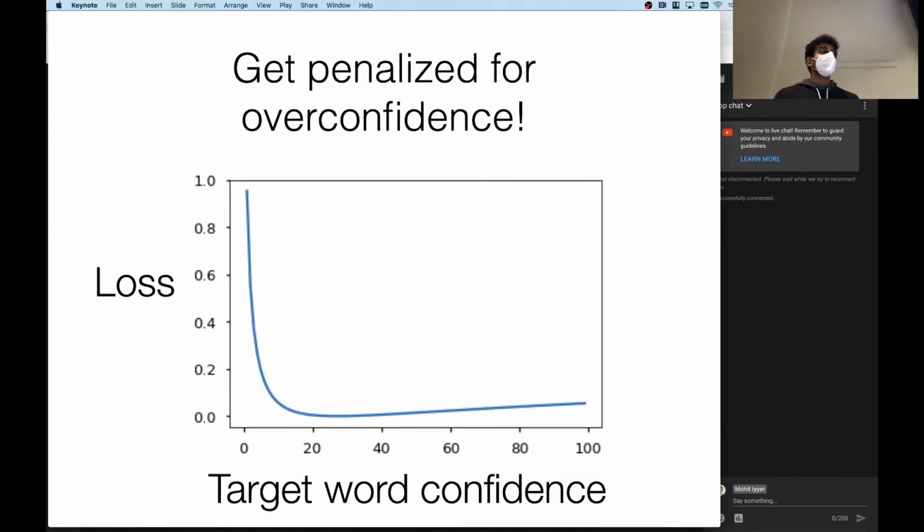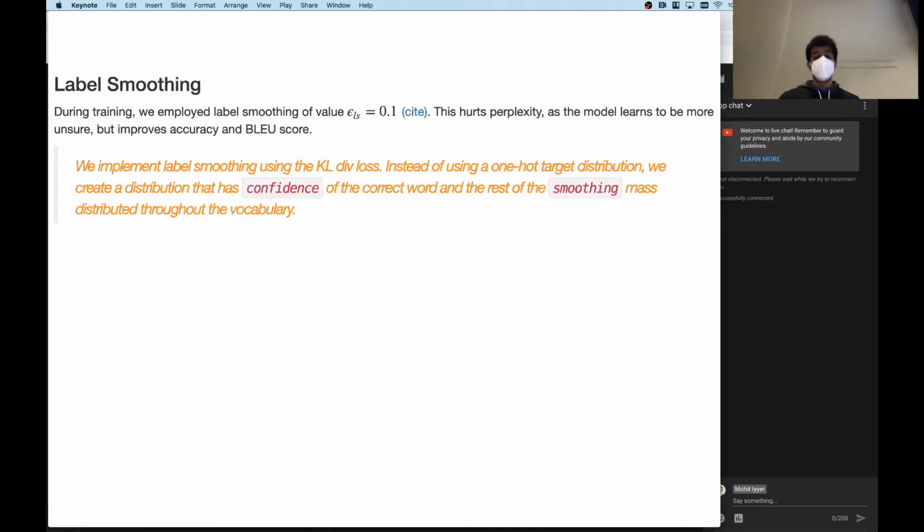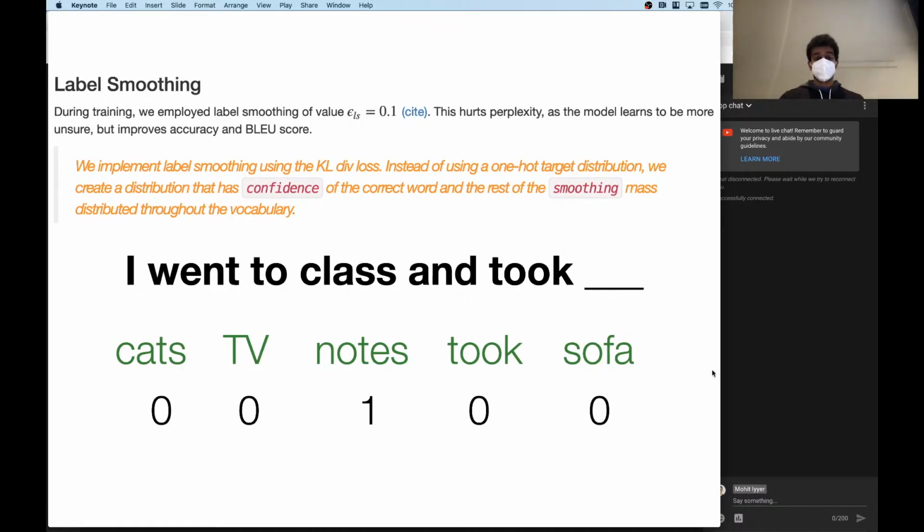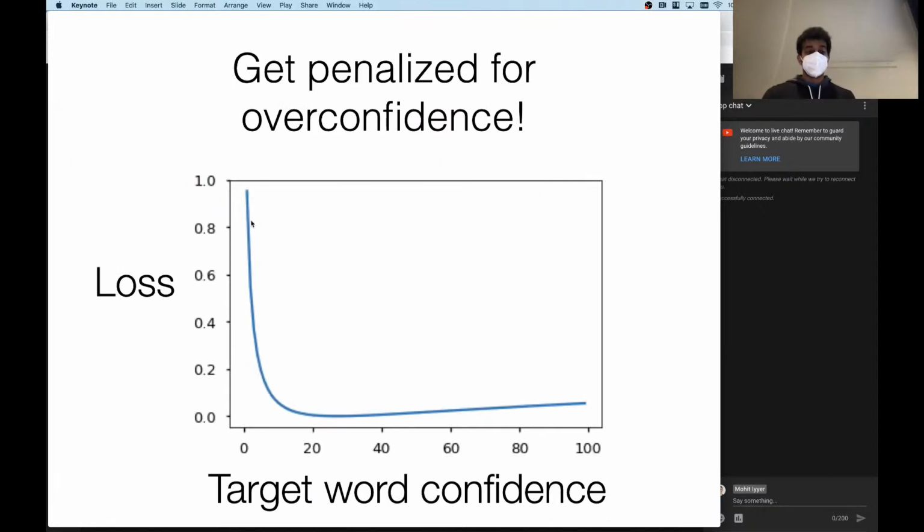So why does this work? That's a little unclear. The intuition is that you're penalizing the model for being overconfident, and if you train the model with these distributions, the model tends to become overconfident. But this curve shows you the merits of label smoothing.